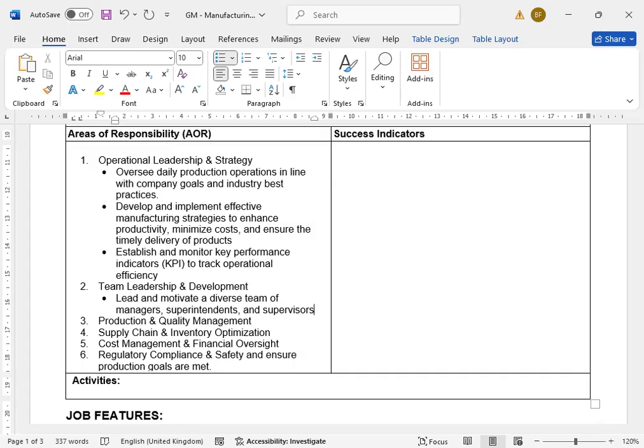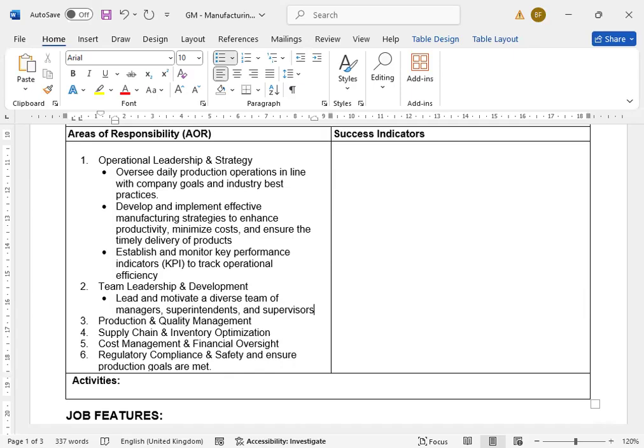All the positions should undergo job evaluation before the recruitment under HR will recruit people, either internally, where they promote somebody using this job description and advertise it internally, or from the external labor market.